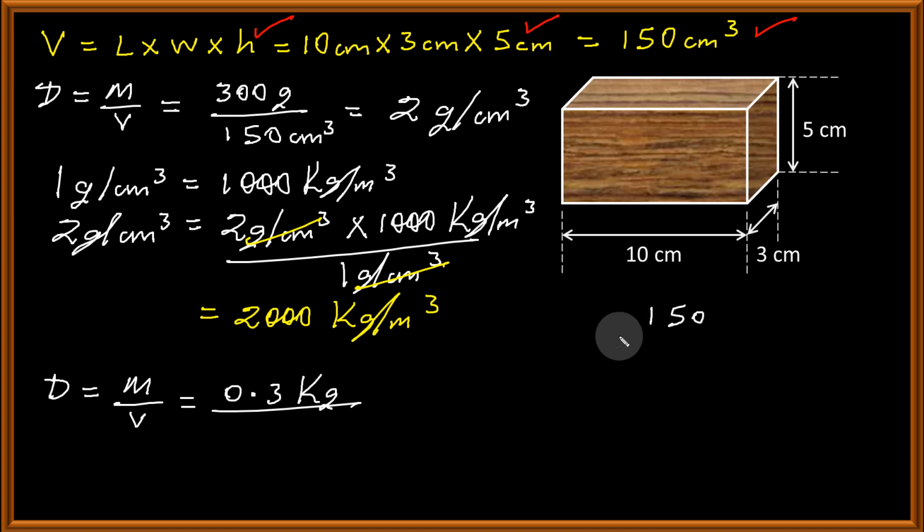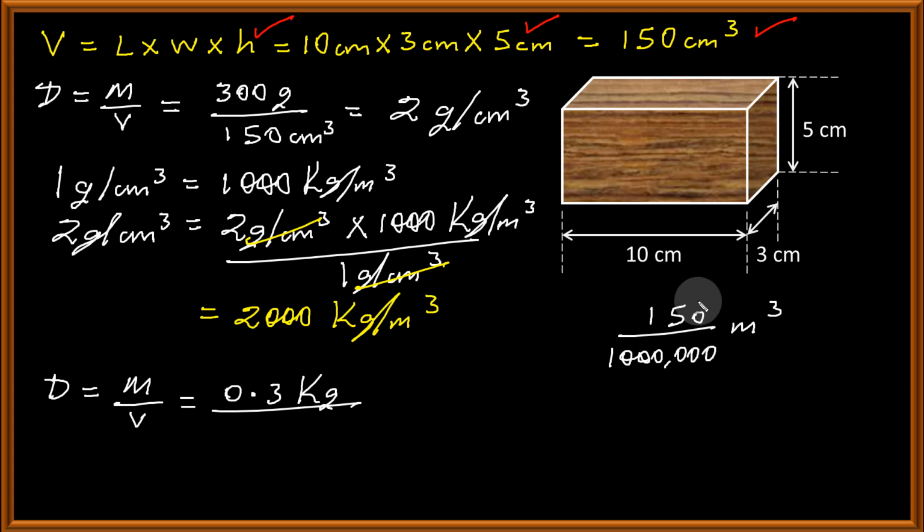A volume of 150 centimeters cubed is the same as 150 divided by 1 million, and this will be in meters cubed, because we know that 1 million centimeters cubed is the same as 1 meter cubed. So how about 150?